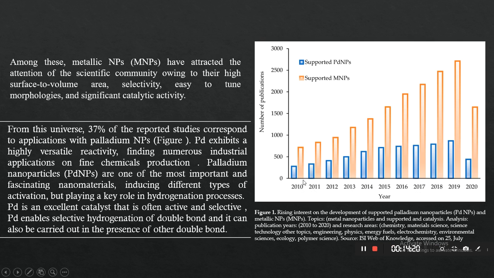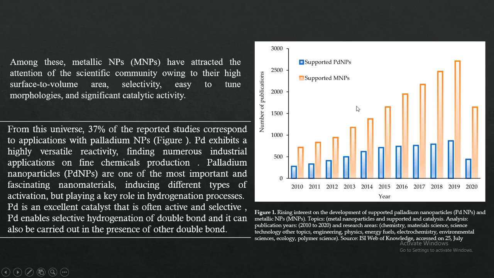The red lines represent the supported metal nanoparticles, and the blue lines represent the supported platinum nanoparticles. From 2010 to 2020, it is approximately 37% of the publications that studied platinum nanoparticles.